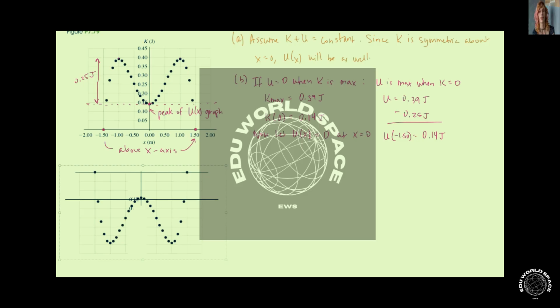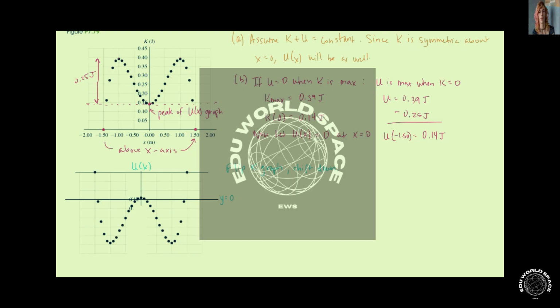Like I said, it's as if we flipped our kinetic energy curve and then shifted it down so that here is y equals 0, and that's because we're assuming that K plus U equals a constant. You didn't have to plot points, but you could more or less sketch that shape if you wanted to.